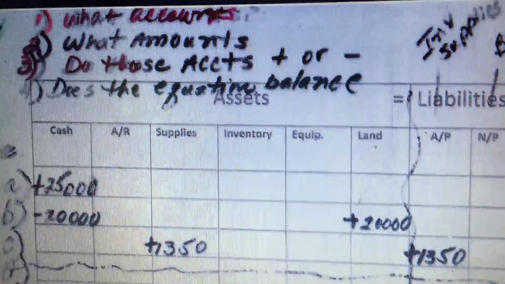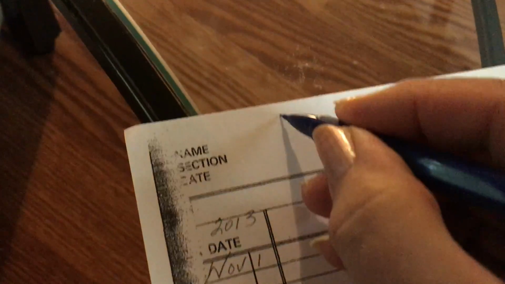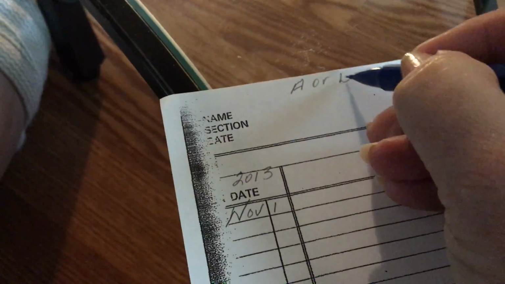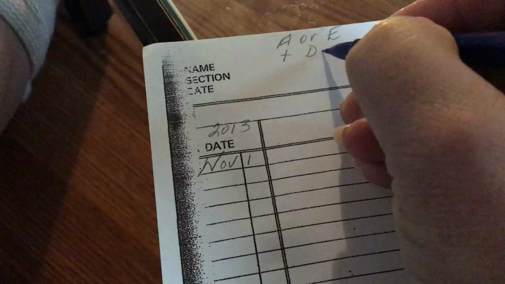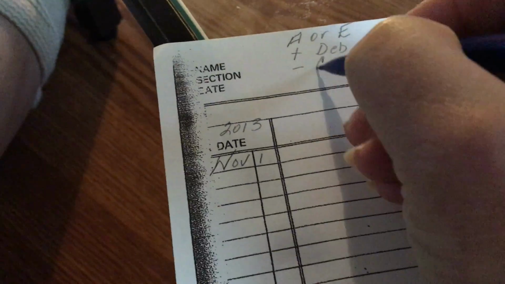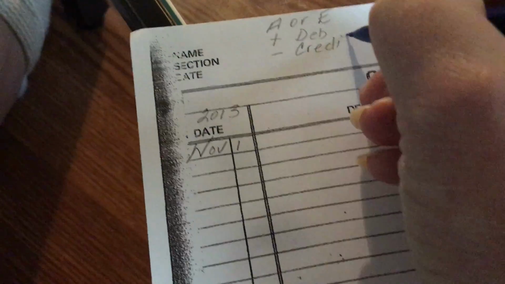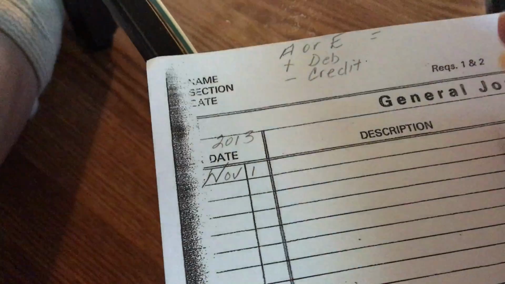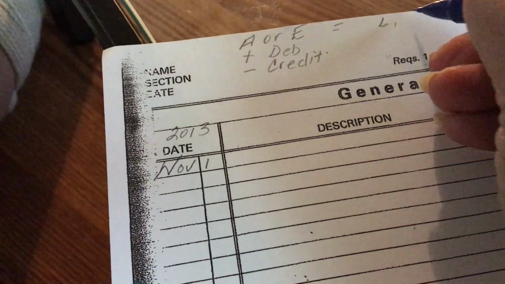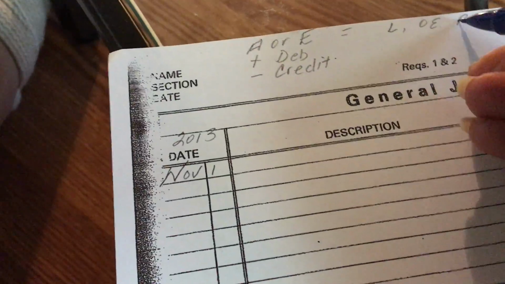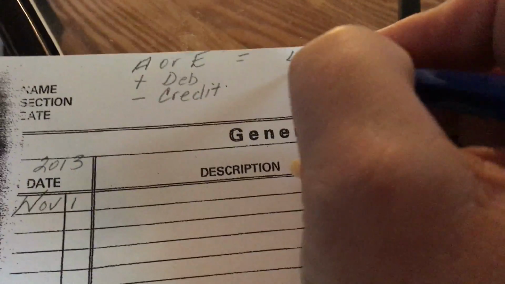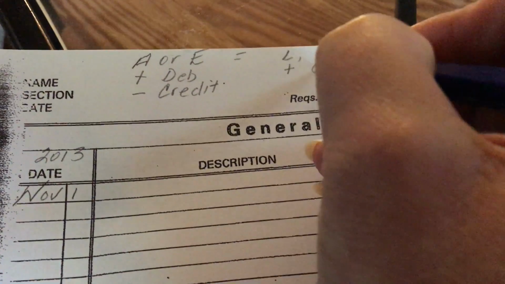Okay, if you increase, let's write it right here, assets or expenses to increase would be a debit, to decrease would be a credit. And then liabilities, owner's equity, revenue, to increase would be a credit.